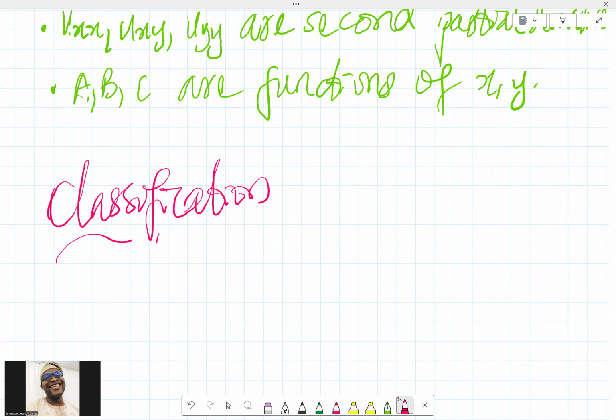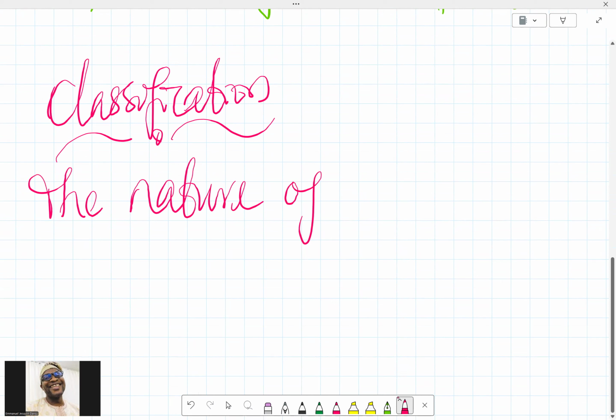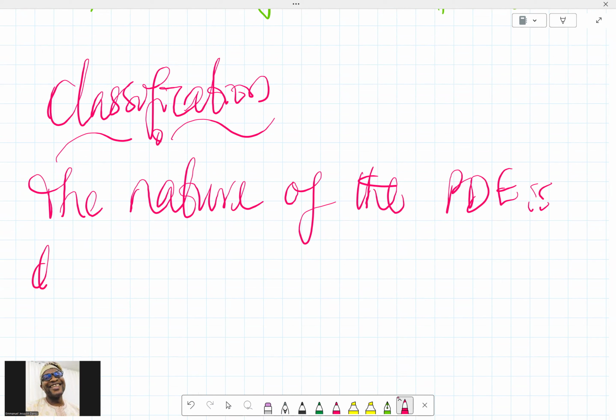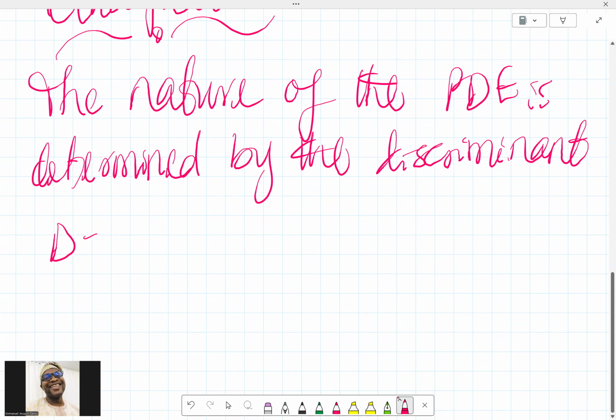Classification. Okay. So the nature of any partial differential equation is determined by the discriminant. The discriminant is D, and that is equal to B squared minus AC.